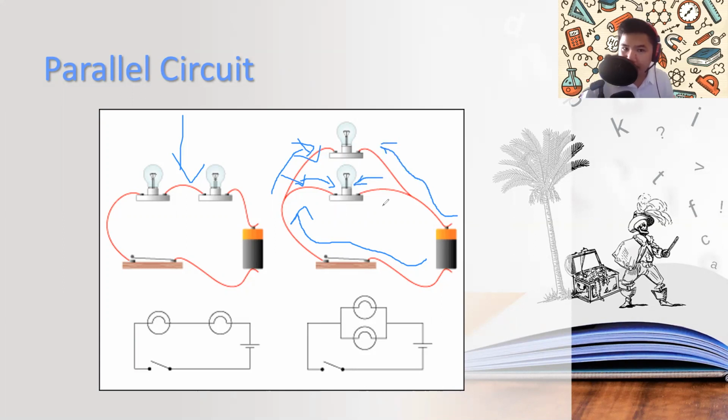So what will happen? We already know that electricity needs positive and negative charges to turn on or to make an object activate. If this one, for whatever reason, does not turn on, it's okay because this one doesn't need the charge from this one, because it has its own way. It has its own direction.